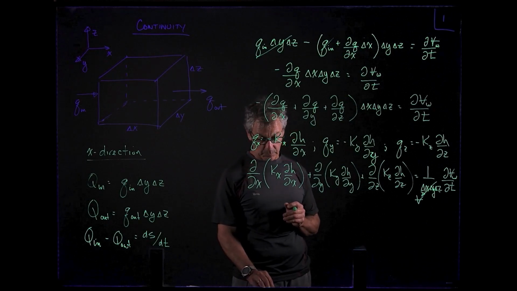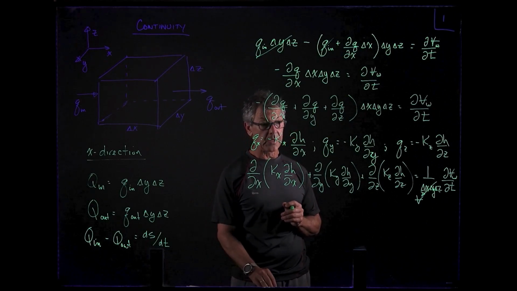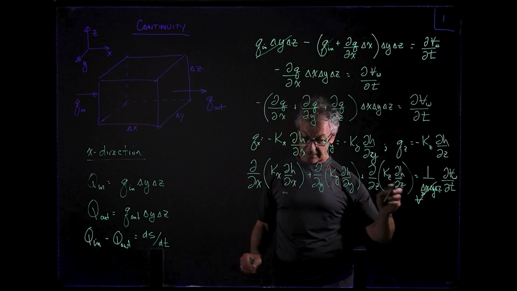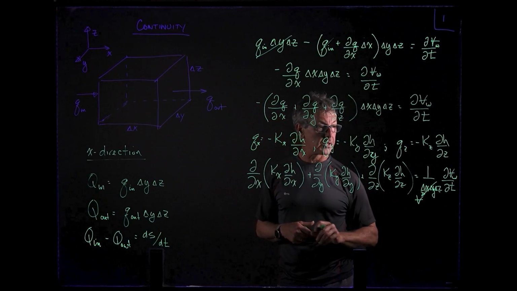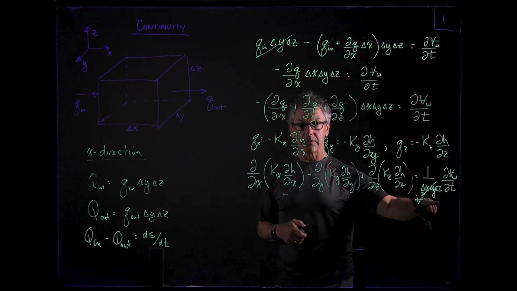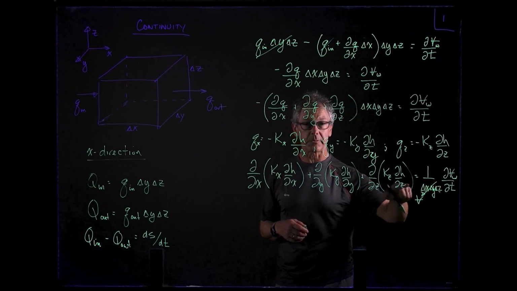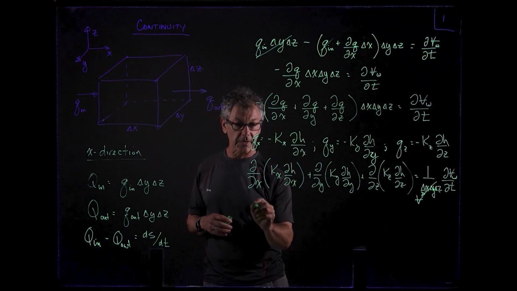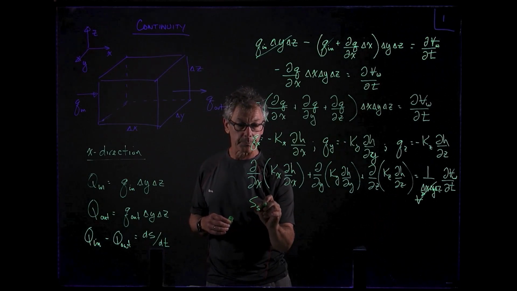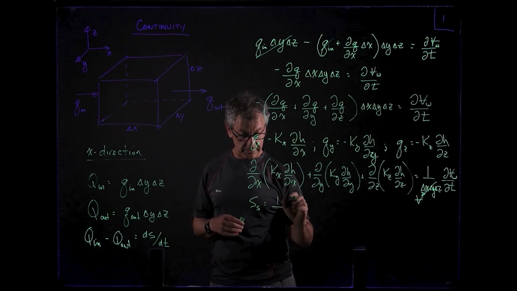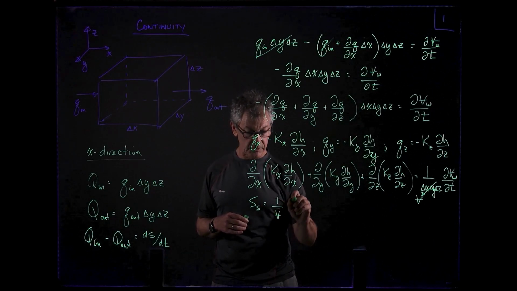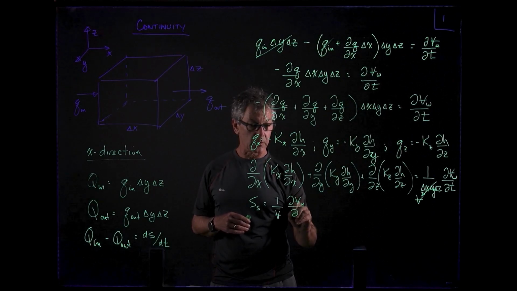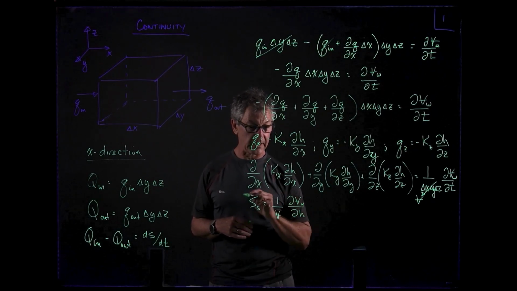To do that, we're going to have to remember the equation that we had that related this storage here to head, because we want everything related to head, not volumes of water. And so we had this definition for specific storage is equal to 1 over the control volume times the change in water volume with respect to head.